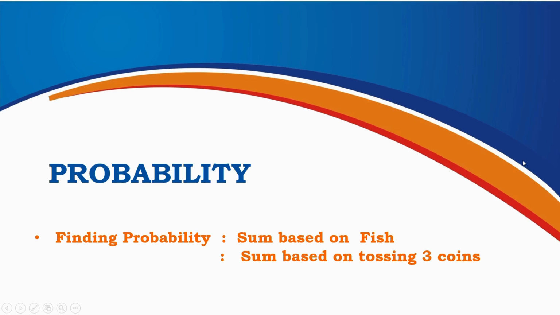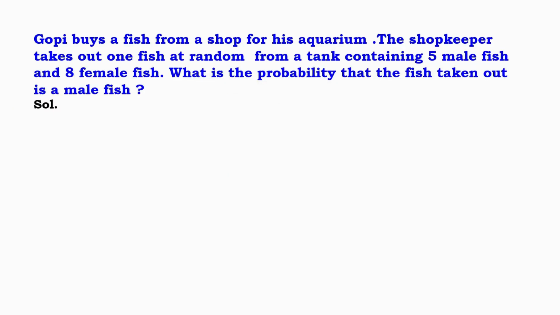So the first topic is finding the probability of sum based on fish and the sum based on tossing three coins. Earlier we have seen the problems on tossing two coins. Now we will solve some problems based on tossing three coins. Let us take a look at the first question, that is the fish problem.